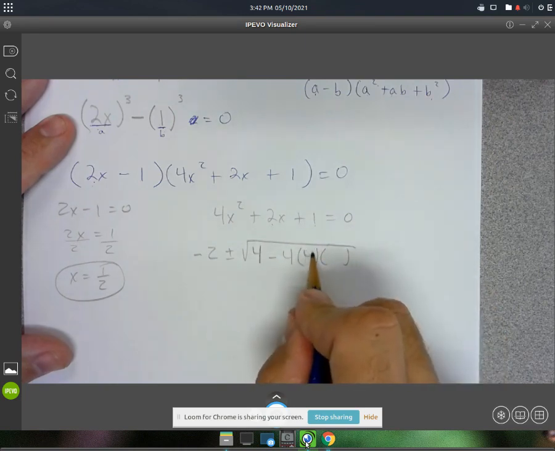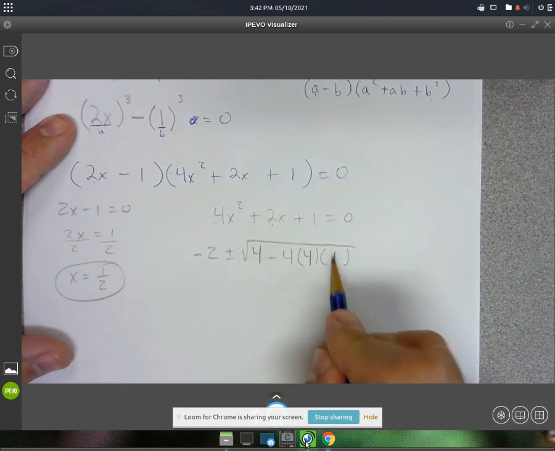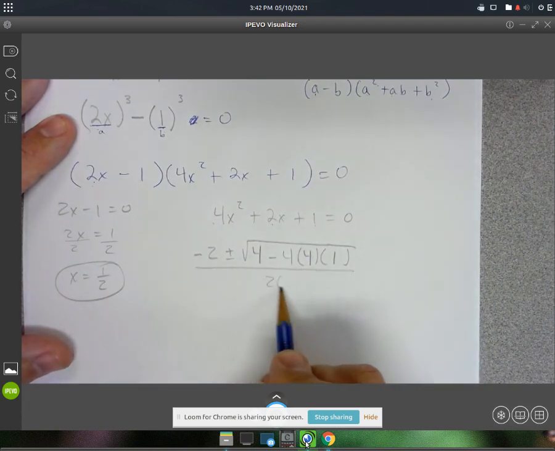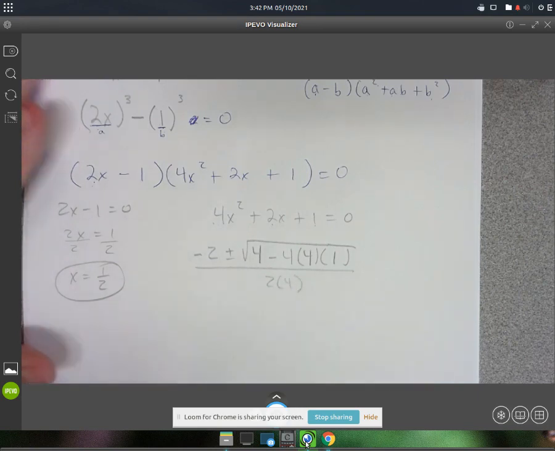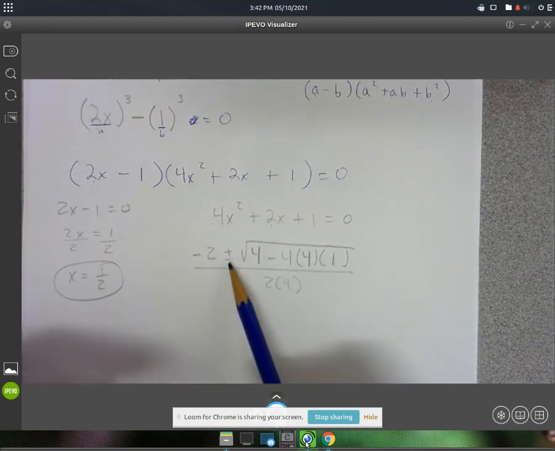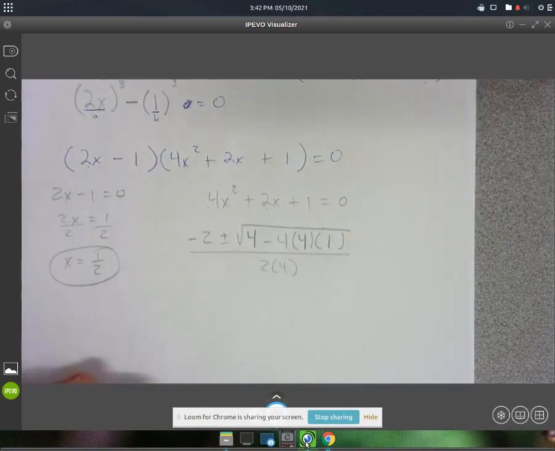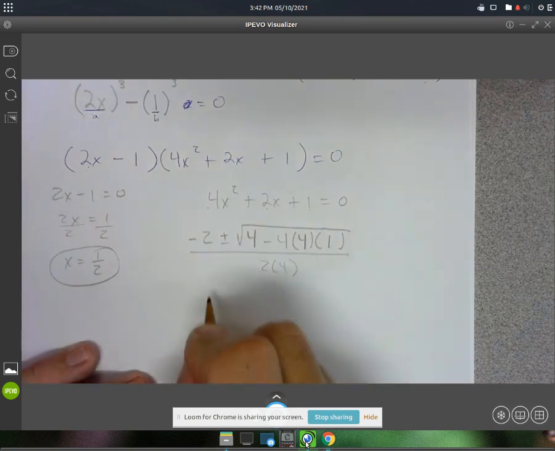All right, a is equal to 4 there, and c is equal to 1 there, all over 2 times a. Okay. All right, so using the quadratic formula, that's going to solve this thing for x. But I have to work these out kind of by hand, unfortunately.